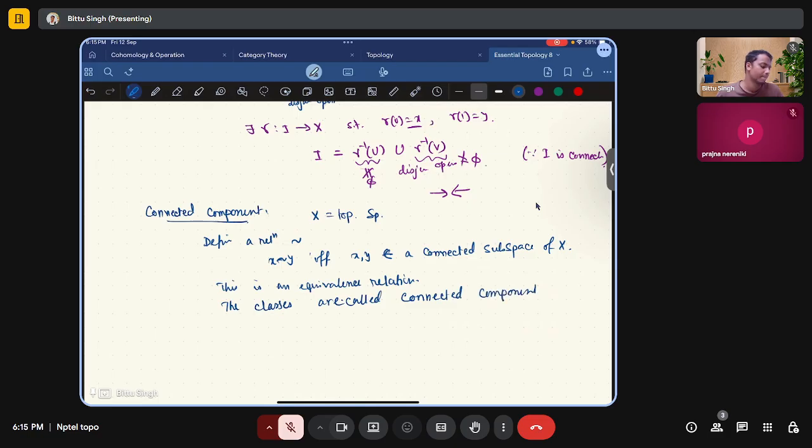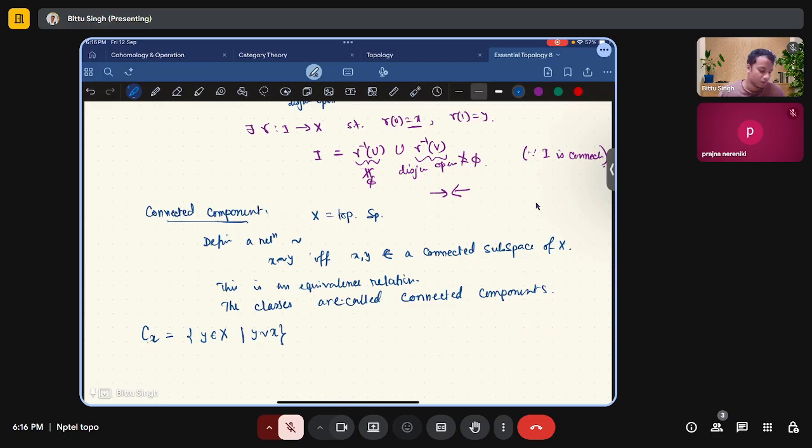For any equivalence relation, we know there are equivalence classes. The equivalence class contains all those points y such that y is related to x. Those equivalence classes are called connected components, right? In our case, the class will be denoted by Cx.